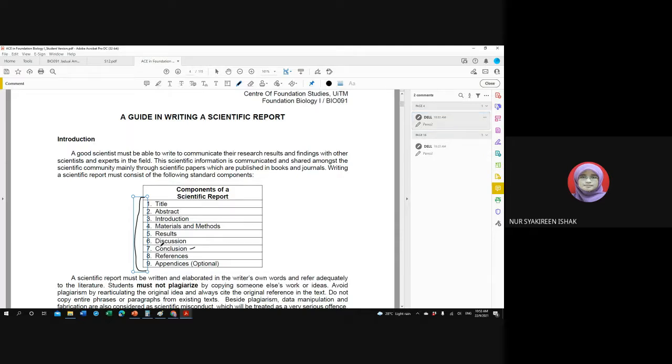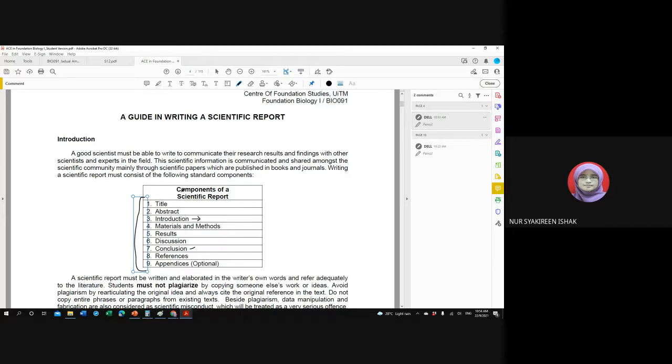You answer back the objective of the experiment that you wrote in the introduction part. At the end of the introduction, you write your objective. So conclusion, you answer back the initial objective of the experiment. So did you manage to achieve the objective of the experiment through the data that you get from the result? Kan?